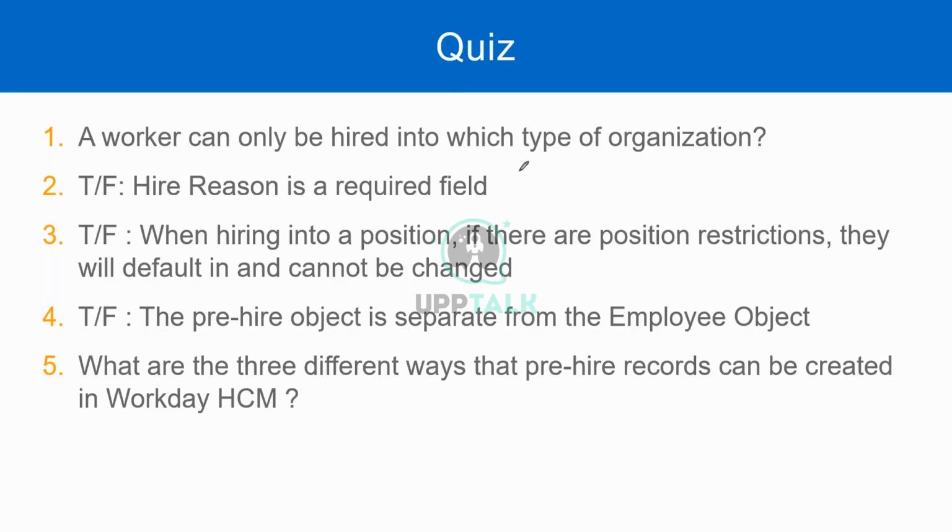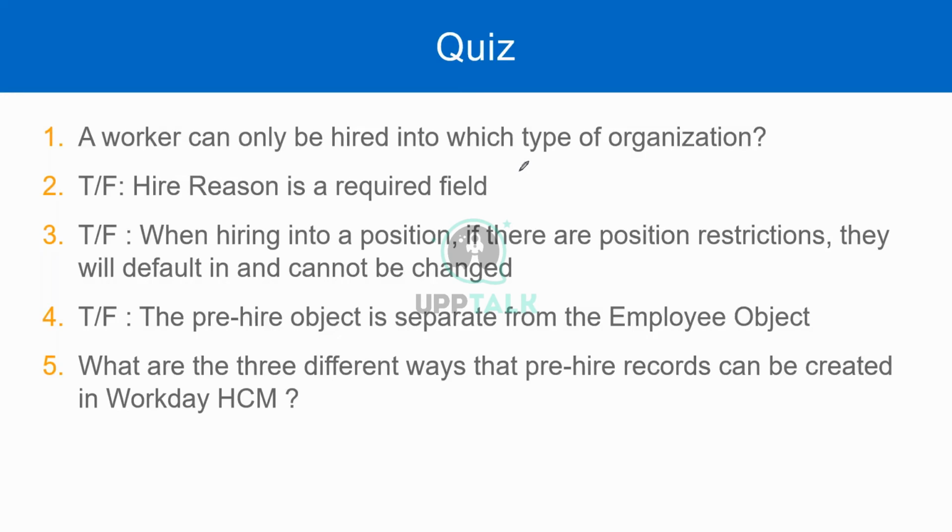Yeah, hire reason is not a required field. It will give you a warning. You may have seen that orange color warning comes up. Orange or yellow, I always get confused with the color.